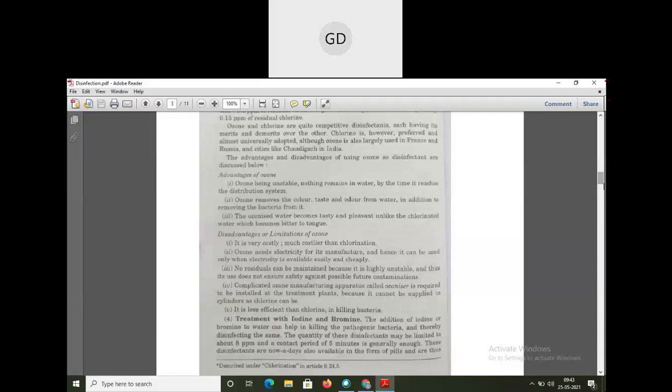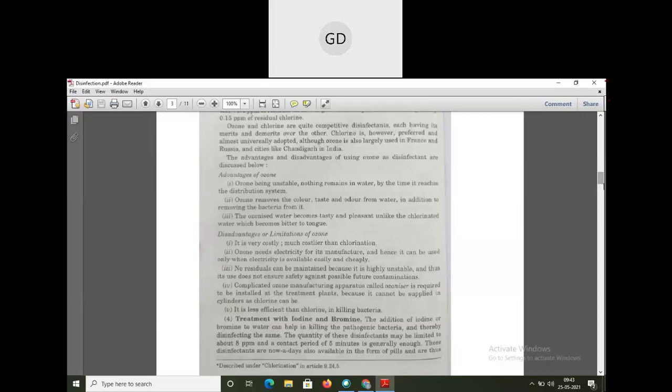and thus its use does not ensure safety against possible future contaminations. Since it is unstable, you cannot maintain any residuals there. Therefore it doesn't give safety; it cannot say that in the future no contaminations will develop in the water.